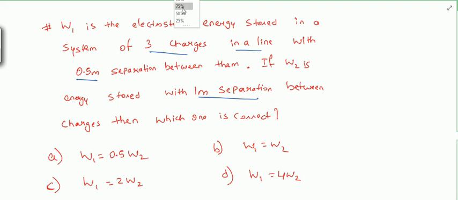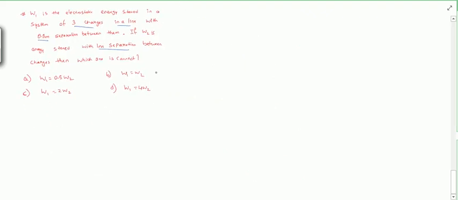So we have to find the correct option from the given options. Here there are three charges placed on a line, suppose. We can take their charges as equal. Their separation is 0.5, 0.5 here.